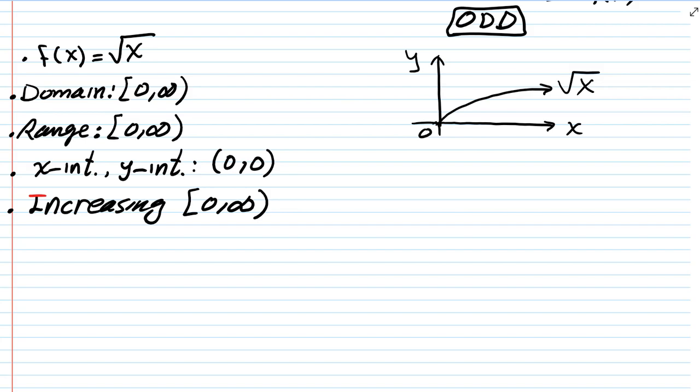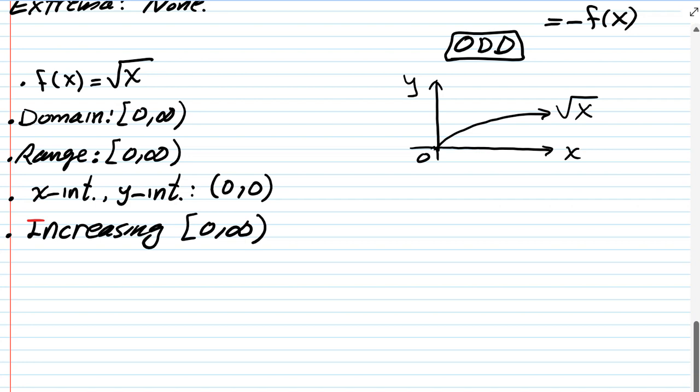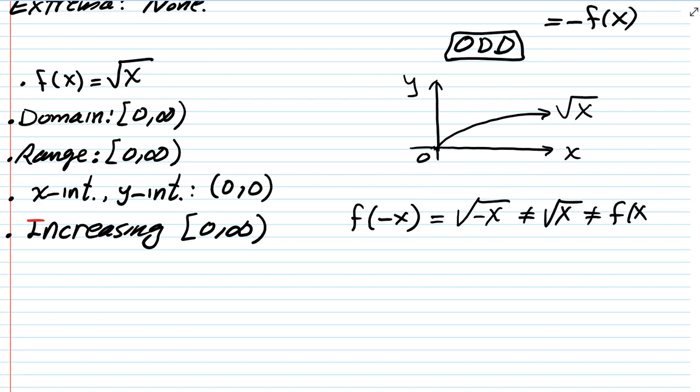And it's never decreasing. What else? We got increasing, decreasing, even oddness. Well, let's check it out. Let's do f of negative x. Well, f of negative x would be square root of negative x, and that clearly does not equal the original one, right? So the function is not even.